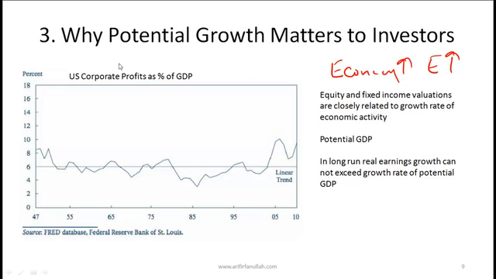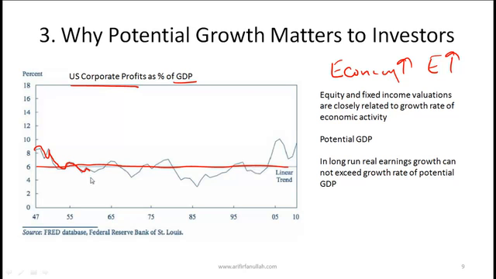This is a graph which shows us the US corporate profits as a percentage of GDP. Big picture is that there is a close relationship between the two. And for the US, we see that this line over here is showing us the corporate profits as a percentage of GDP. Notice that this corporate profits as a percentage of GDP is generally up and down around the 6% level.